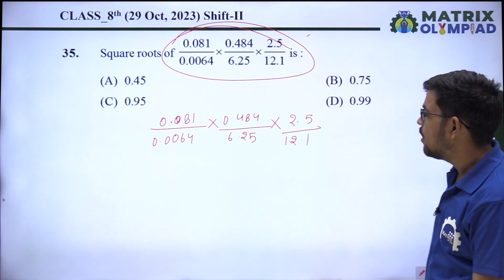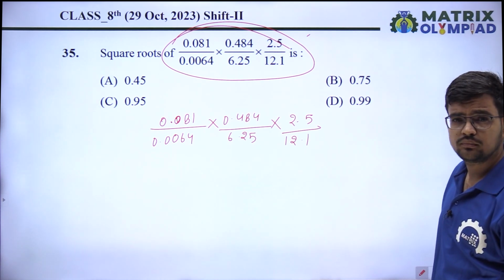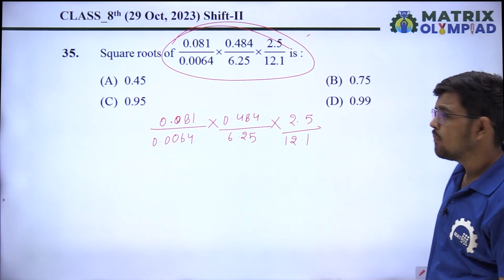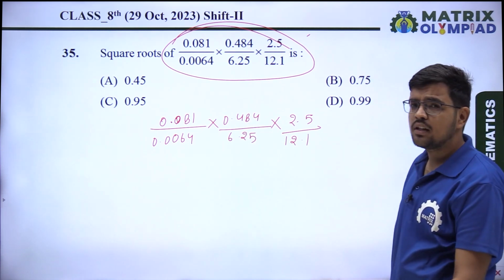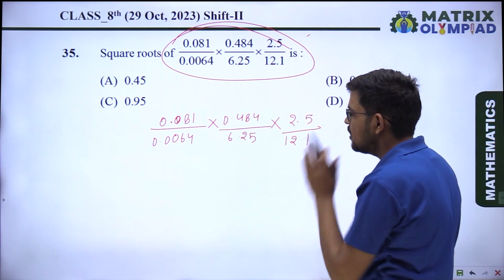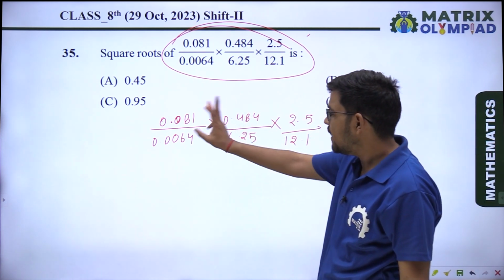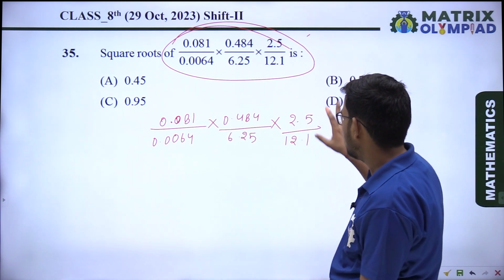Okay, all are perfect squares, but here we will remove the decimals, and that will be easy to calculate. So in the numerator, how many decimal digits are there in total? 1 2 3 4 5 6 7.